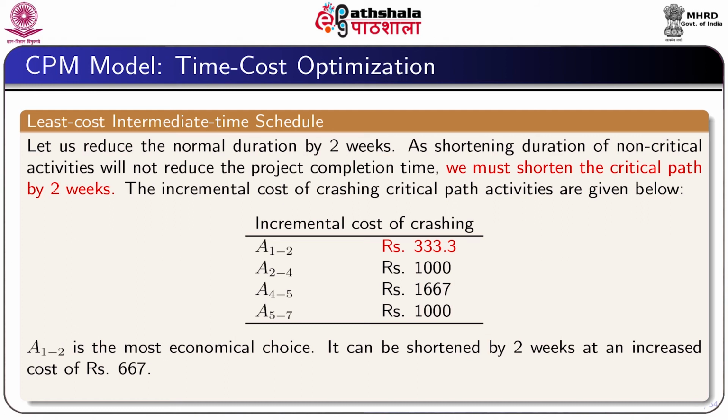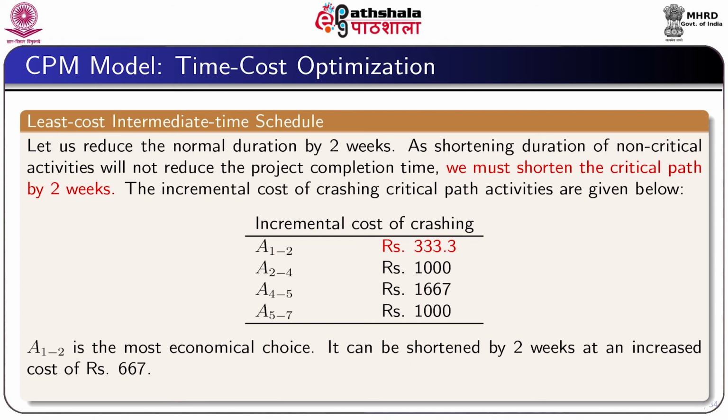The cost of crashing critical path activities is given below. The incremental cost of crashing activity 1 2 is rupees 333.3. Similarly, the incremental costs of crashing activities 2 4, 4 5 and 5 7 are respectively rupees 1000, 1667 and 1000.